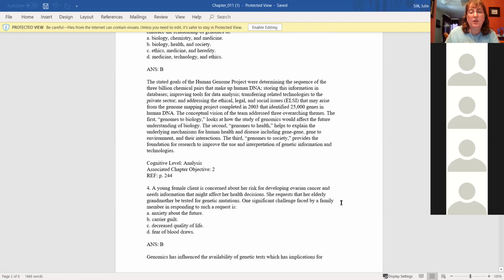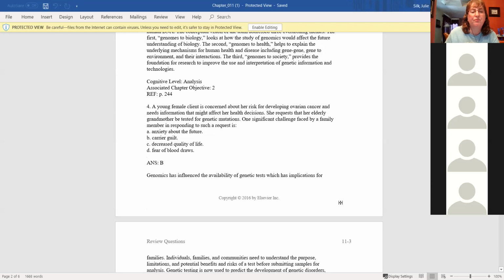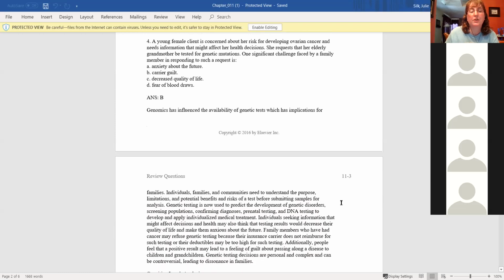All right, so this just says, actually it says a lot. Okay, so genomics has influenced the availability of genetic tests, which has implications for families. So individuals, families, and communities need to understand the purpose, limitations, and potential benefits and risks of tests before submitting samples for analysis. A lot of times when people have it already and they want the rest of their family to get tested, they feel guilty because they were the person that kind of started it all.